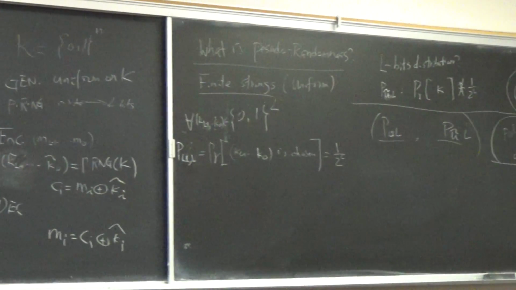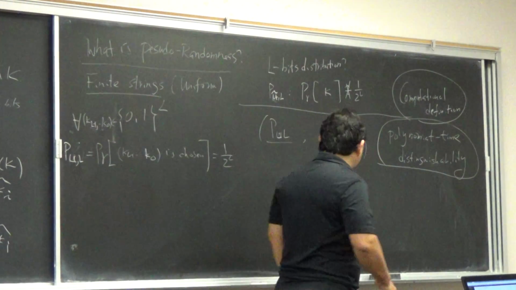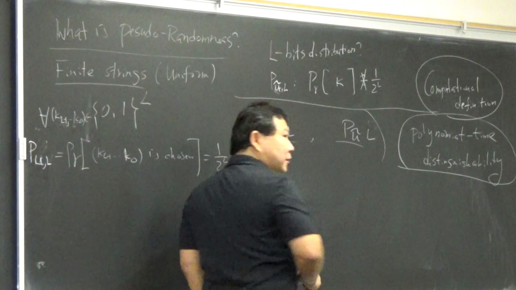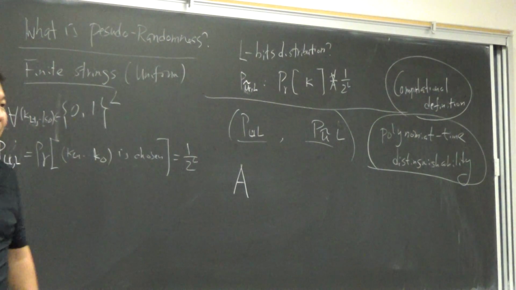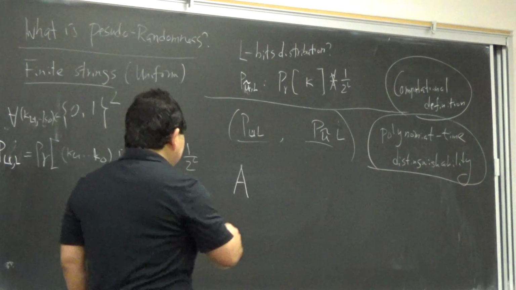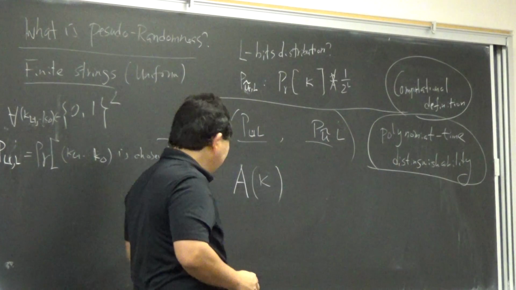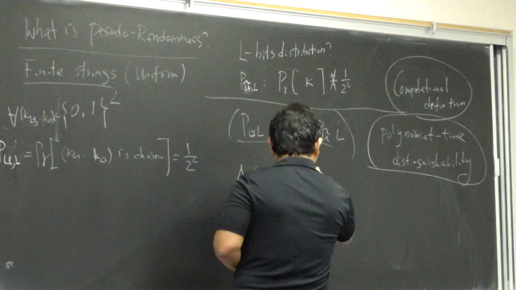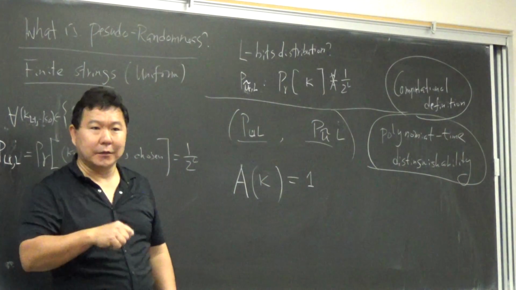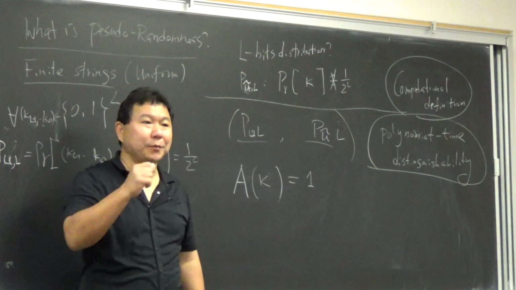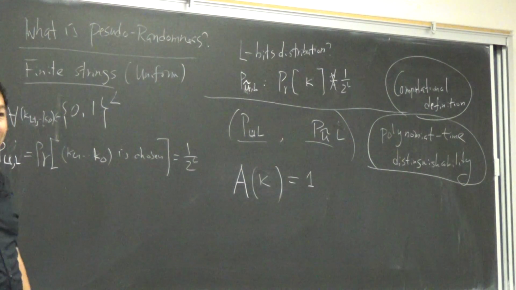So how do we capture this? One simple way is that you write some highly powerful statistical analysis algorithm, right? And whenever you see a string, you attempt to output 1 if you believe this is drawn from the first distribution, which means uniform, and otherwise, you output 0.